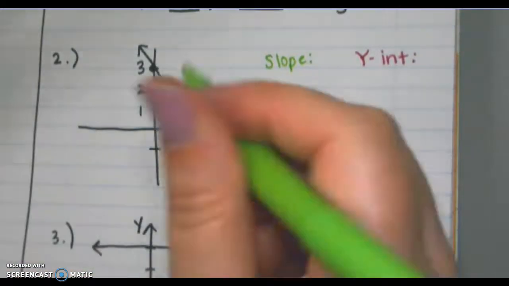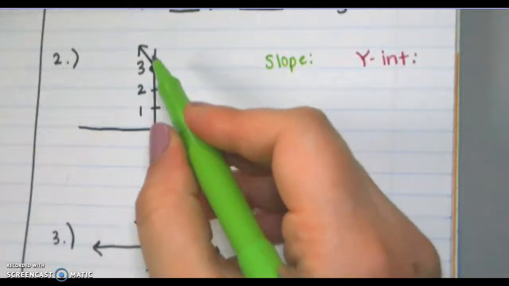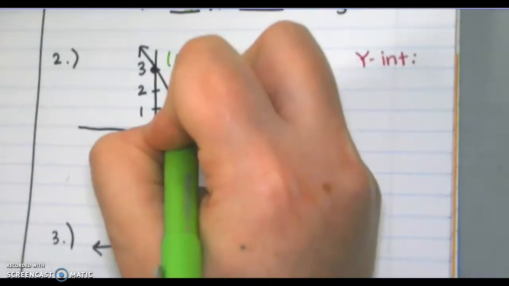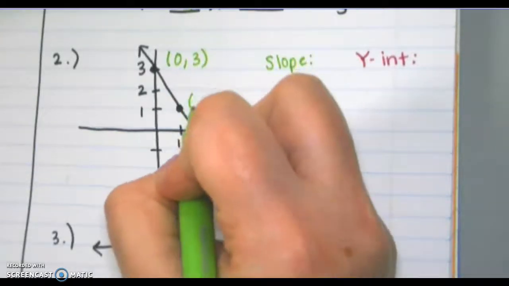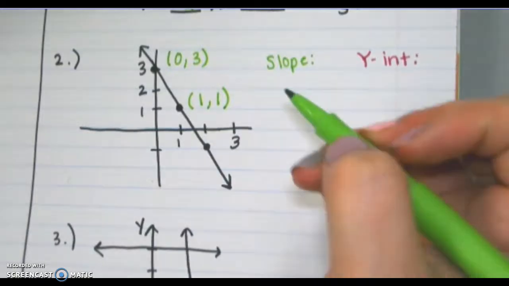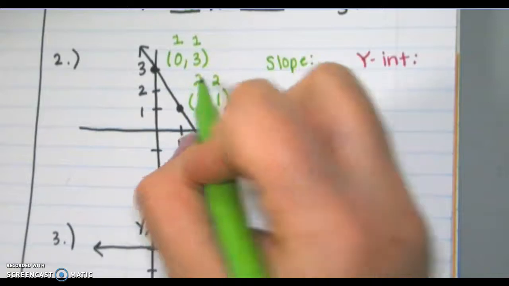So slope, I'm going to recognize that my slope is negative. It's going down. You can draw Mr. Slope Guy if you need to. And you can pick this point, 0, 3, and this point, 1, 1. We can pick these as our 1s and these as our 2s.